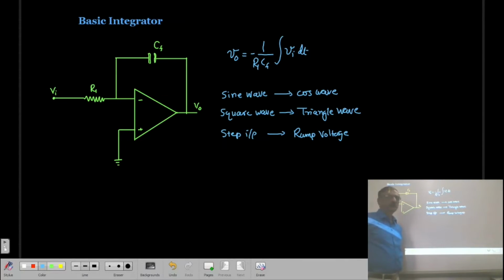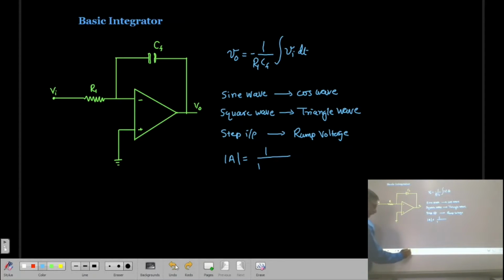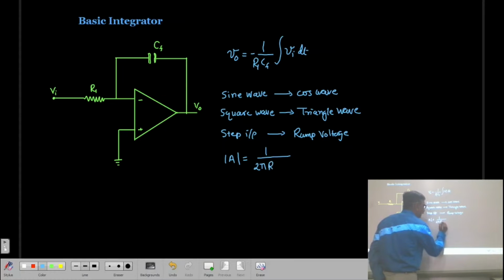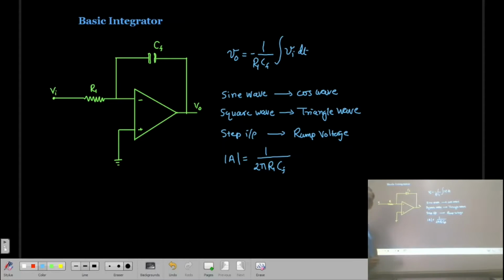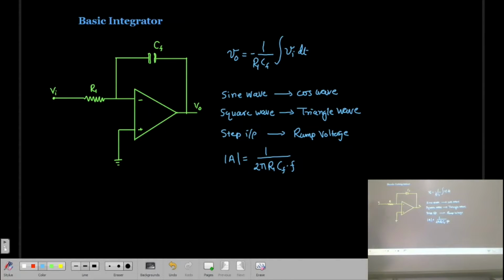Then we discussed the gain of this amplifier. We derived that the gain of this amplifier is given by 1 upon 2 pi R1 CF into F, where F is the input frequency.